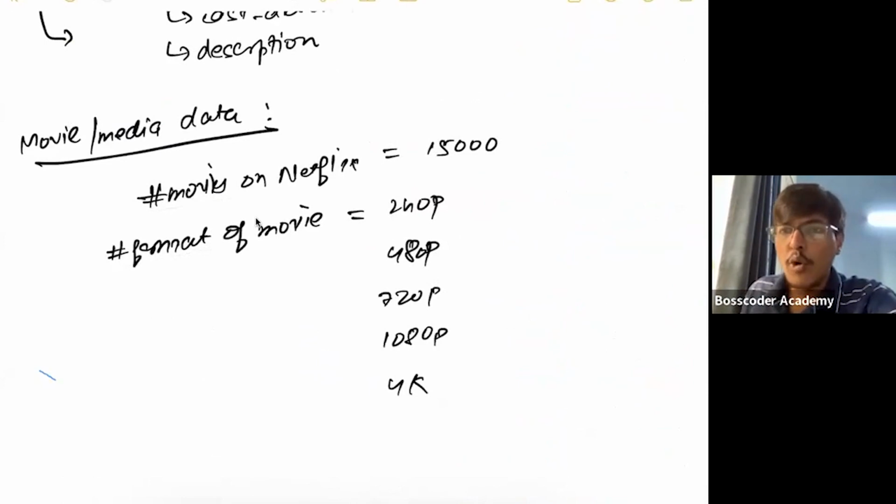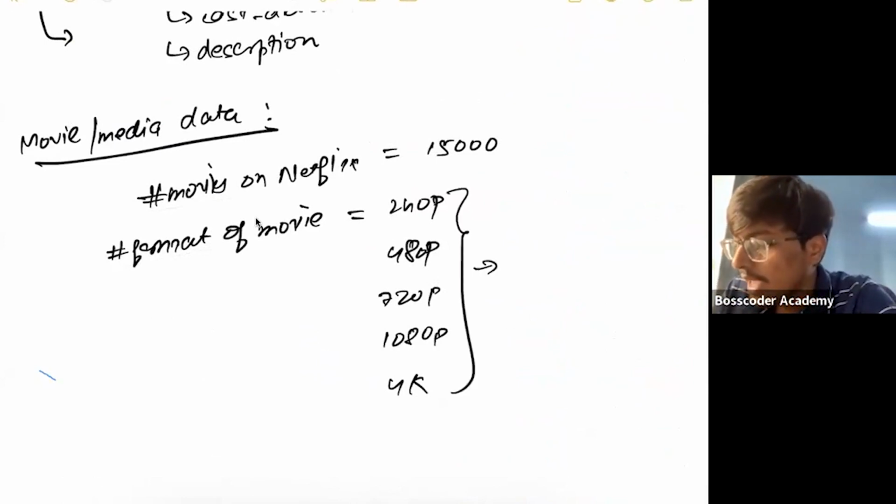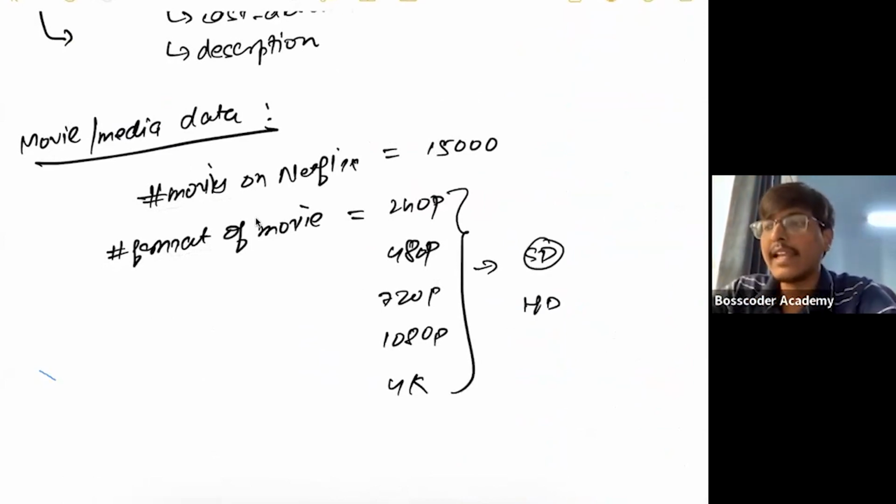But let's not go into so much detail, and let's just say there are two dimensions, SD and HD. SD is standard definition, HD is high definition, right? Let's just talk about these two.